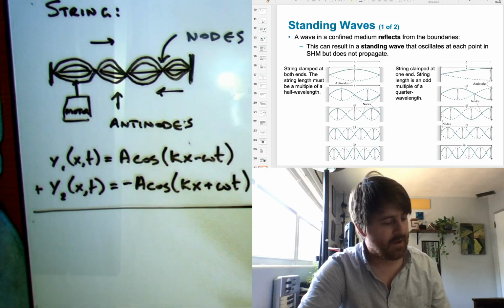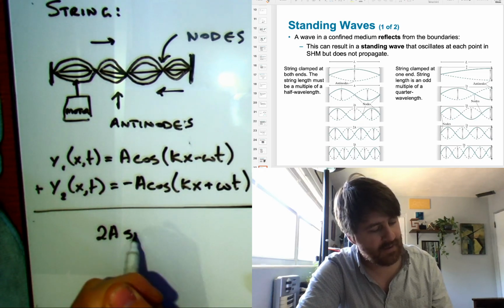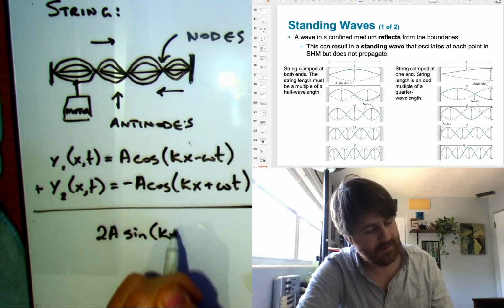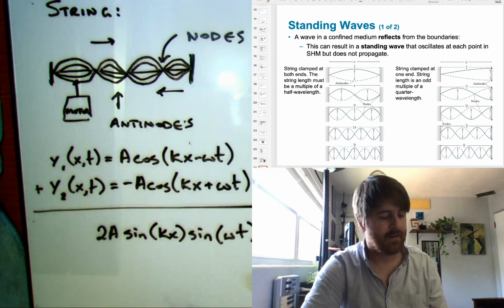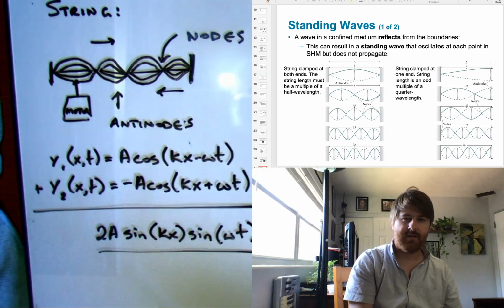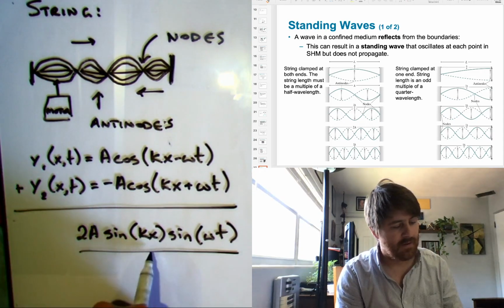And with a little bit of trigonometry, what you'll find is this gives us 2a sine kx sine omega t. And you can go through that trig on your own. But what you'll see is, where are the nodes?